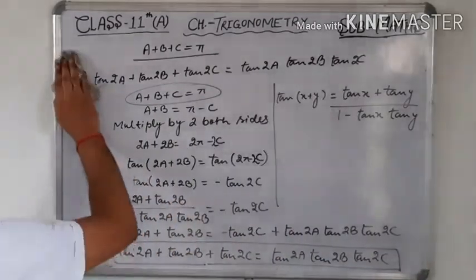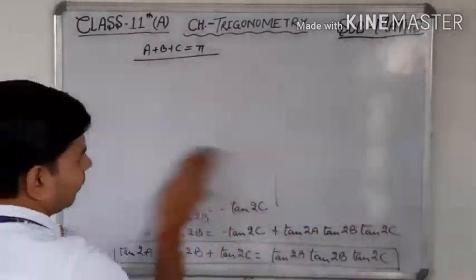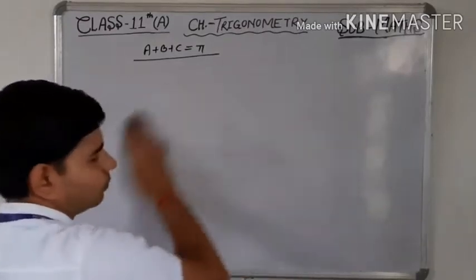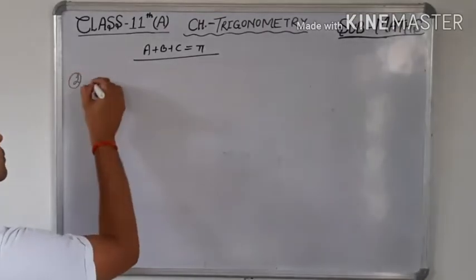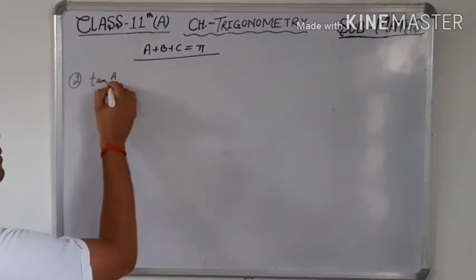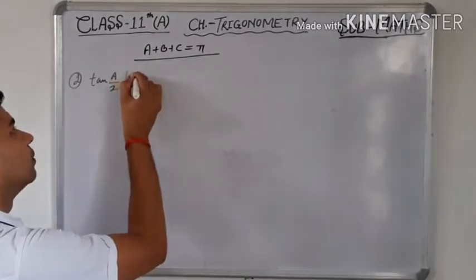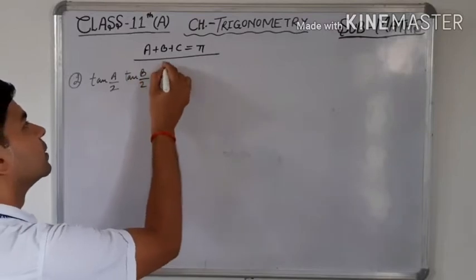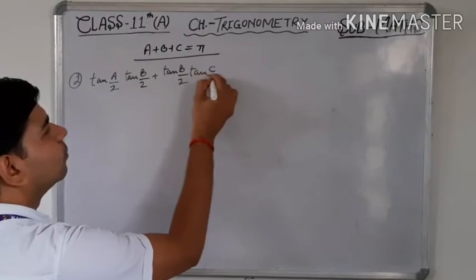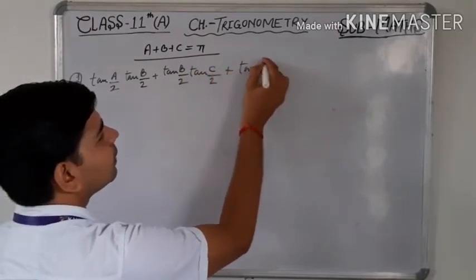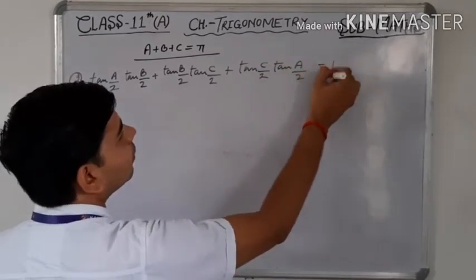Now see another question. You have to prove that tan a by 2 tan b by 2 plus tan b by 2 tan c by 2 plus tan c by 2 tan a by 2 equal 1.